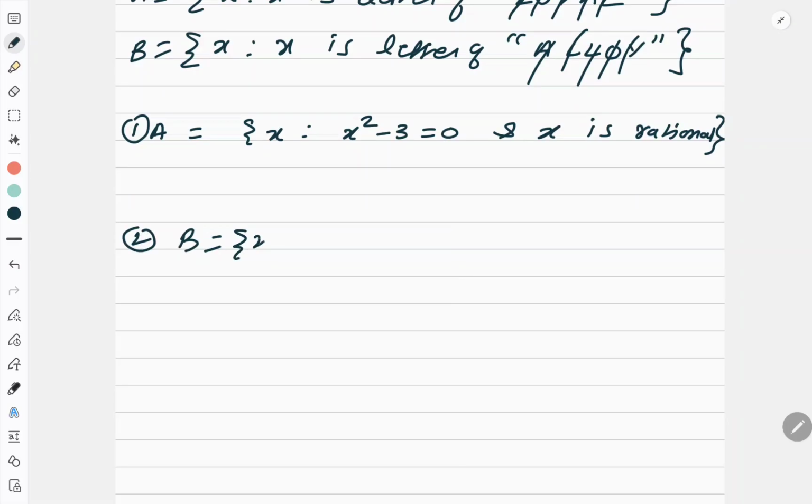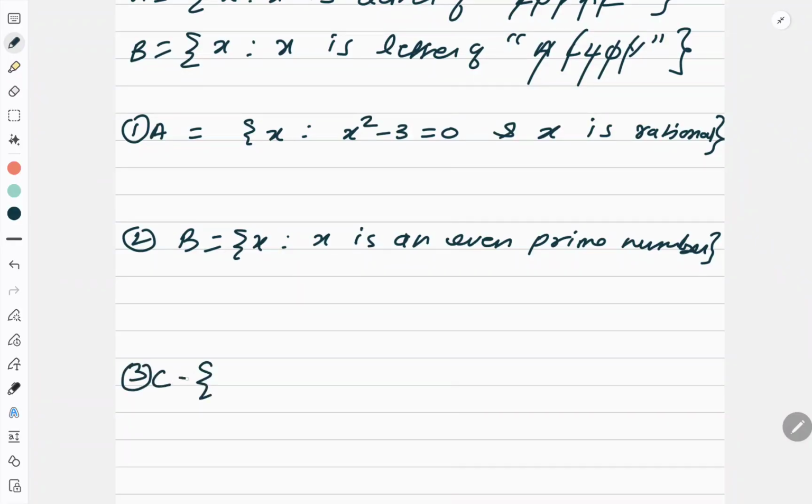B is equal to {x such that x is an even prime number}. Third, C is {x such that x is between 4 and 5 and x belongs to N}.